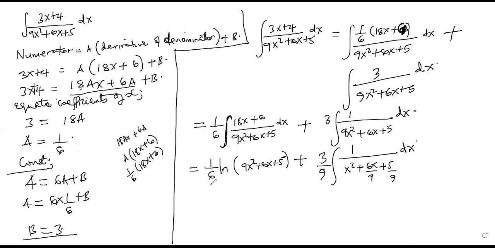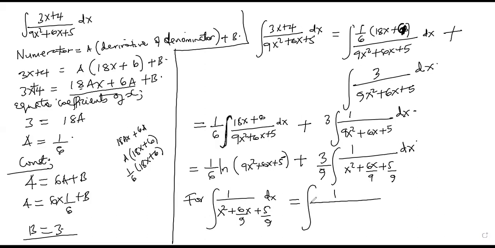Now, since we already have this, let's first work on this only, okay? So I'm going to say for the integral of 1 over x squared plus 6/9x plus 5/9 dx, this is going to be equal to, I'm guessing that all of us can complete a square, because we've had a lot of questions where we complete a square.